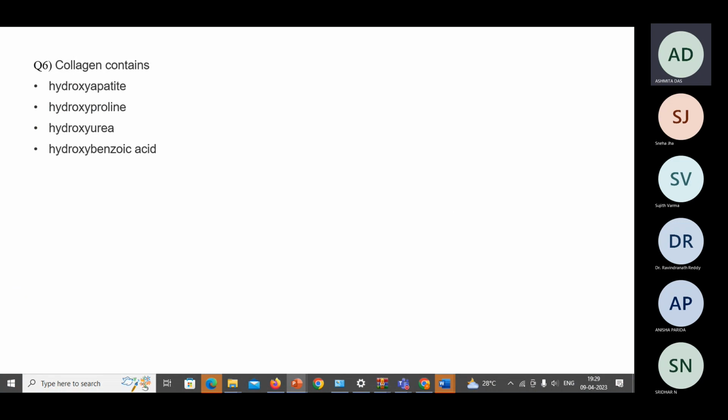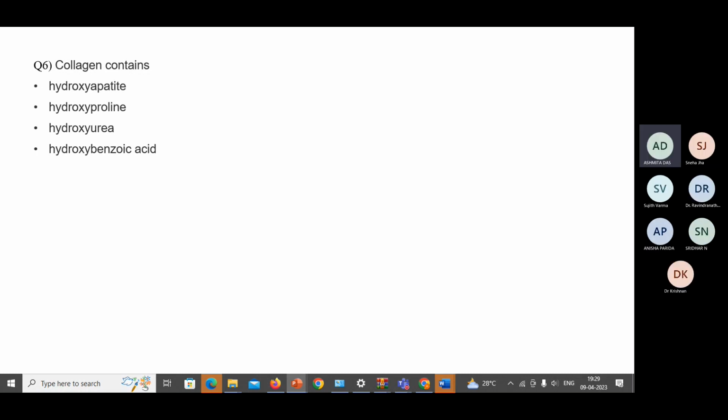Okay. Sujit Verma, what is the correct answer and why? Hydroxyproline. Sorry? Hydroxyproline. Why? Like, what is the role of hydroxyproline in collagen?